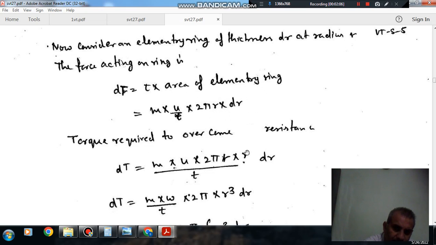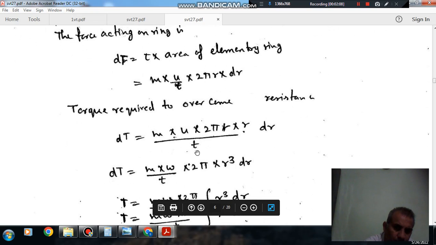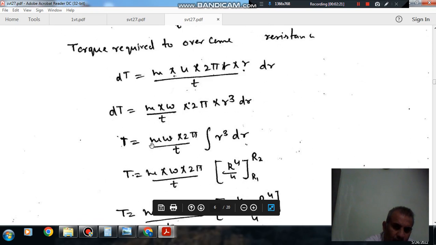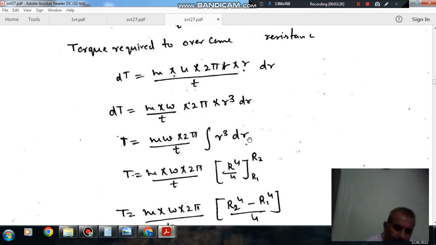If you multiply by radius, it will be a torque. Now u is nothing but omega into r. So the overall expression for dT becomes mu omega by t into 2 pi into r cube dr. So dT is mu omega 2 pi by t r cube dr.